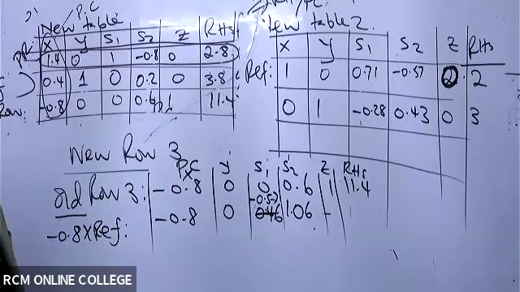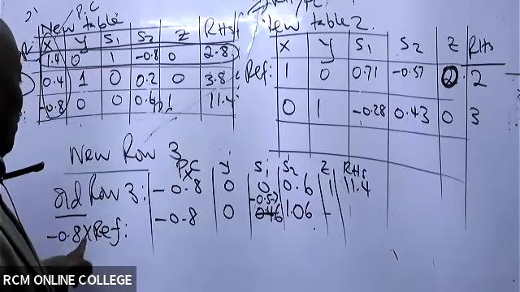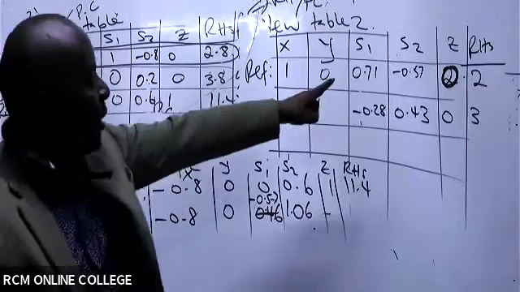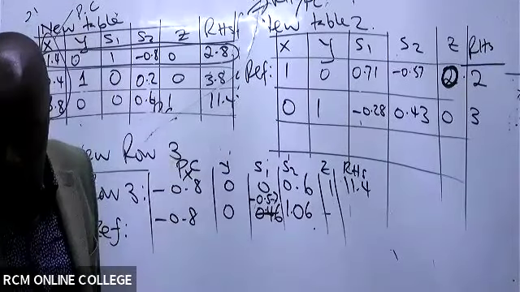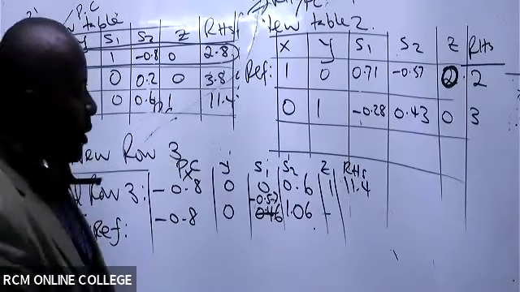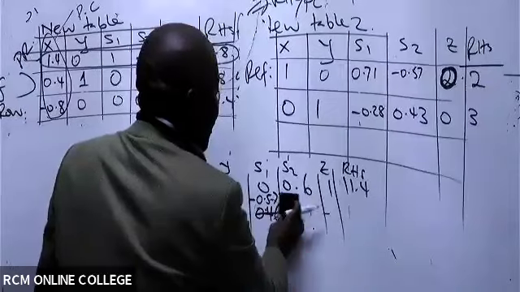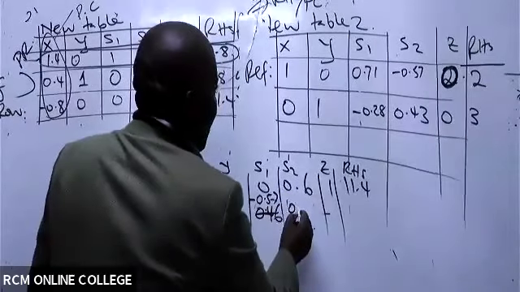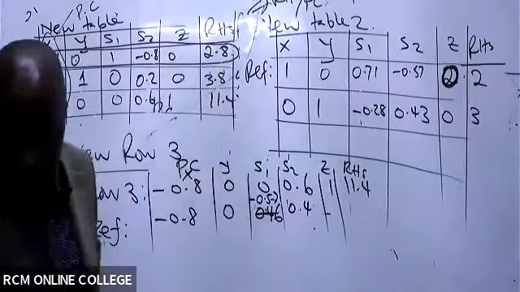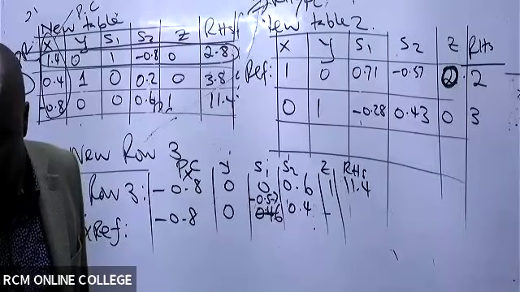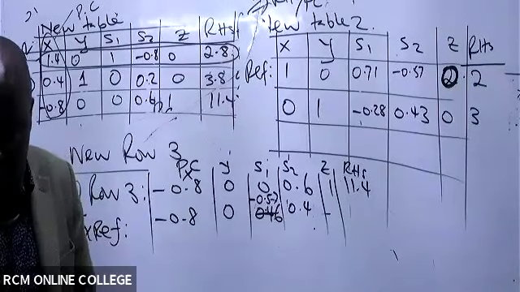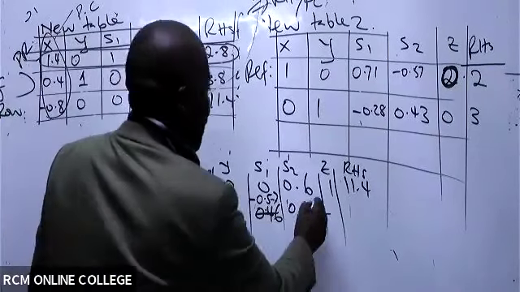No, S2 can't be 1.06. For S2, I'm taking 0.8 times that 0.57. What figure do we have? 0.46 positive.